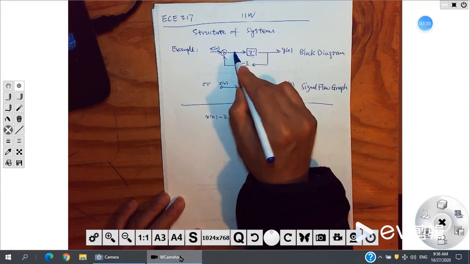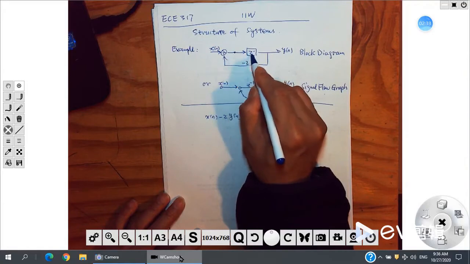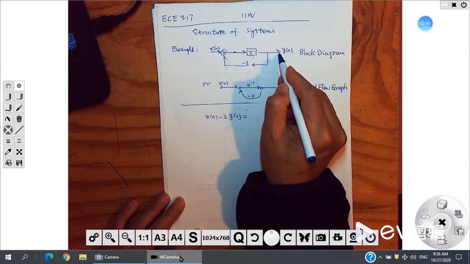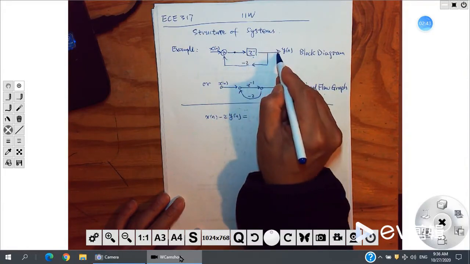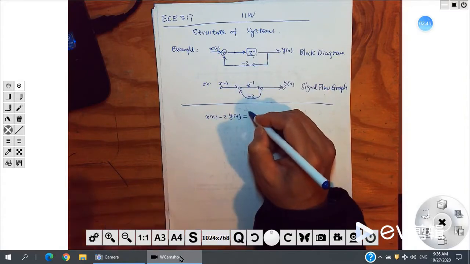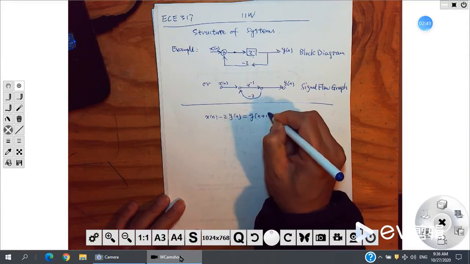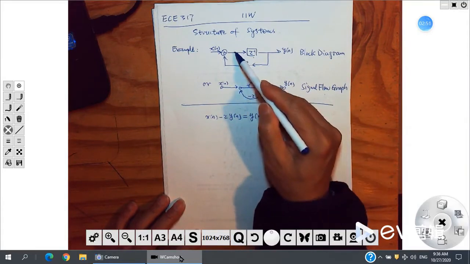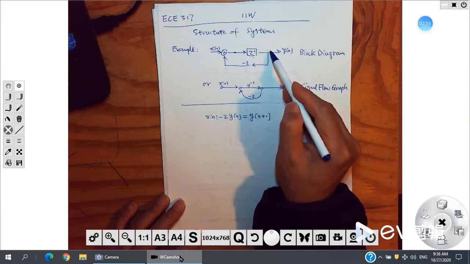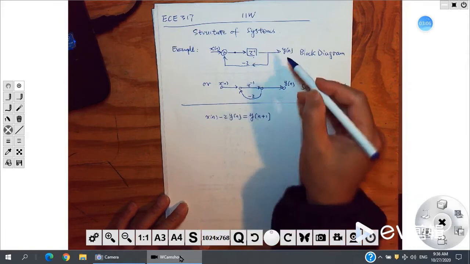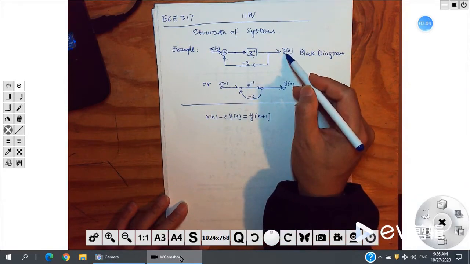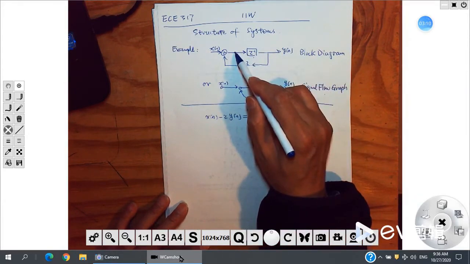What is this signal? This signal by delay is y. So before the delay, this will be y of n plus 1. If here's y of n plus 1, then you go to delay, you will have y of n. If this is w, there will be w of n minus 1.